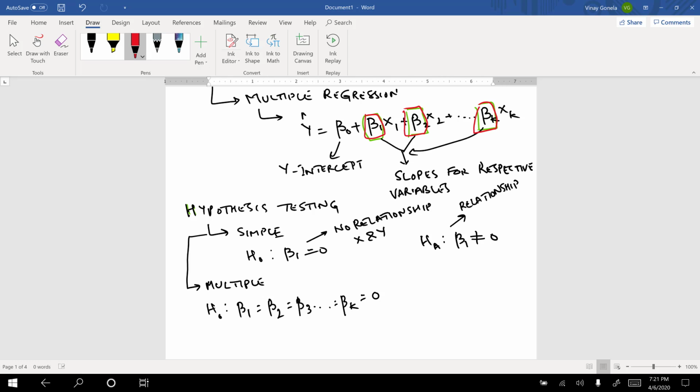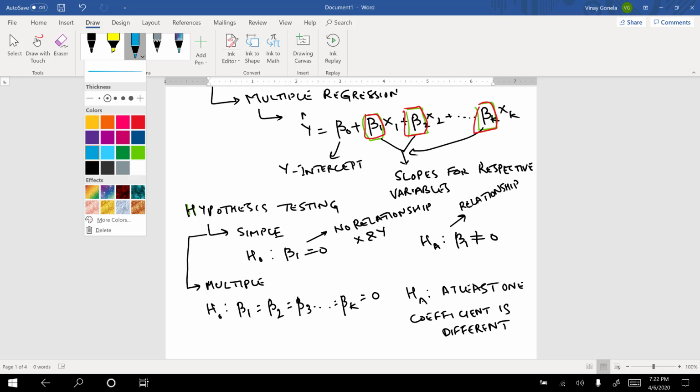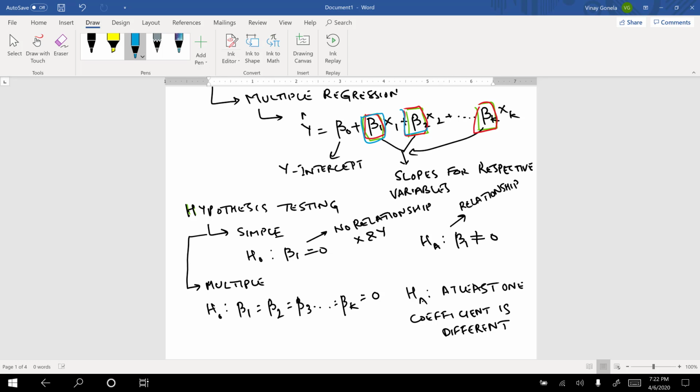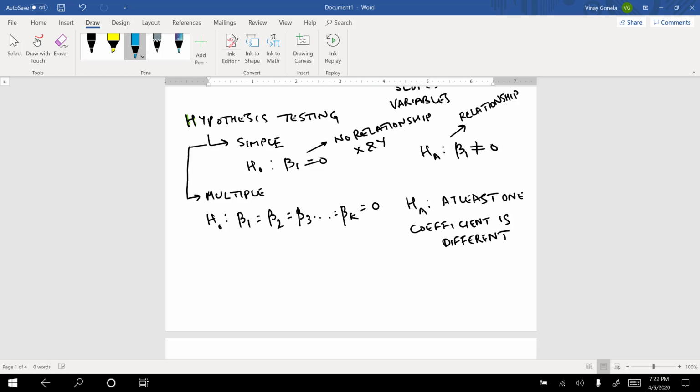And then our alternative would be at least one coefficient is different. That means if at least one of these is not equal to 0, then that variable becomes important and we can set up a relationship.